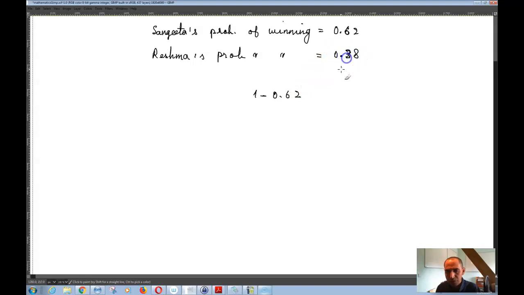In other words, you can say that Sangeeta's probability of winning is Reshma's probability of losing. That you can say as well.